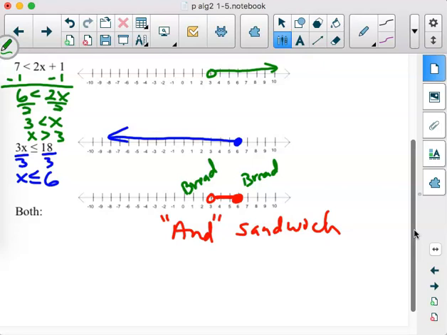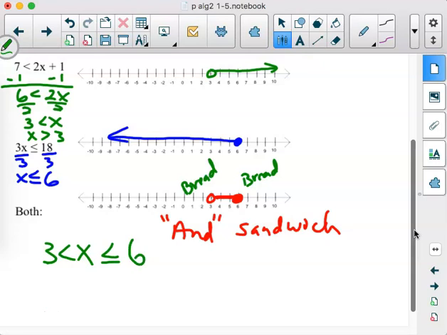Now, because it makes an and sandwich, what I want to do is I want to sandwich my variable between the 2 points that ended up being on the ends. So I realize I've got to put greater than 3, because when you make a compound inequality, you always read from the middle out. So x is greater than 3 and less than or equal to 6.